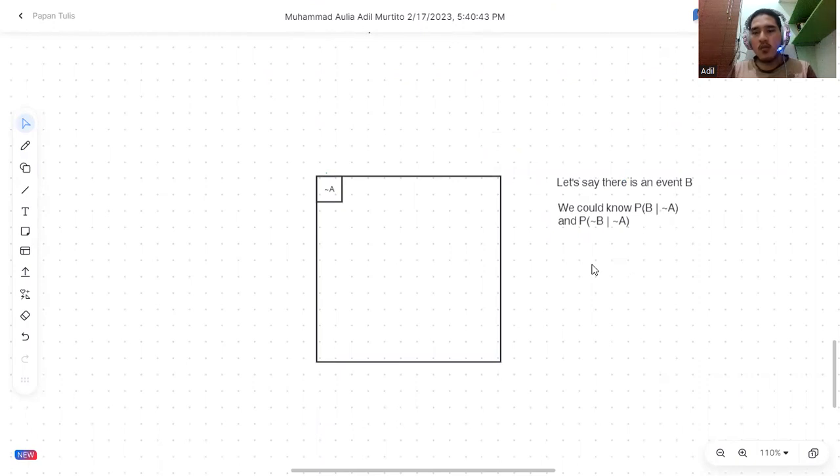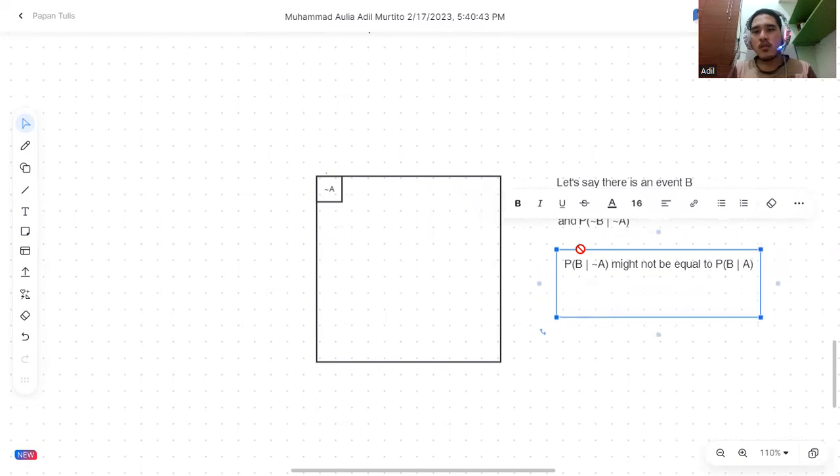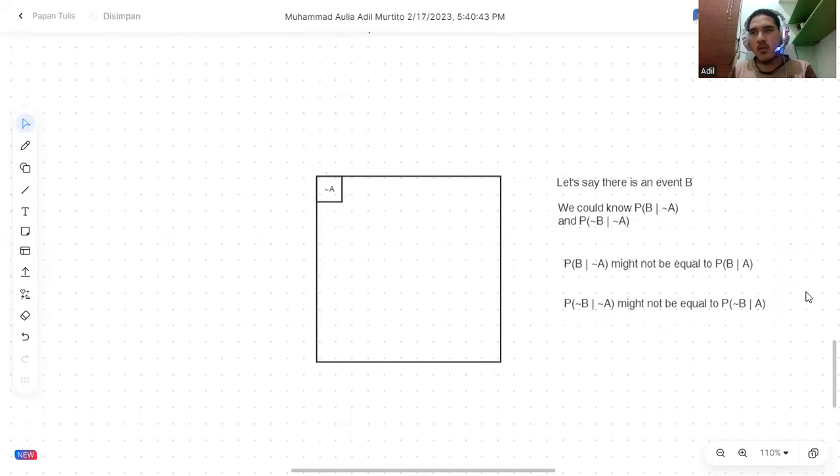I want to remind you that P(B|A) might not be equal to P(B|not A), and of course the other probabilities might not be equal either.